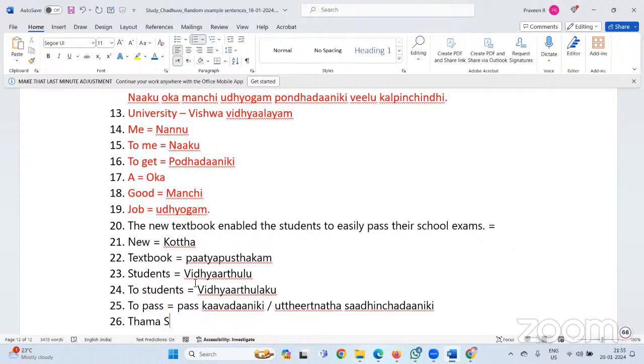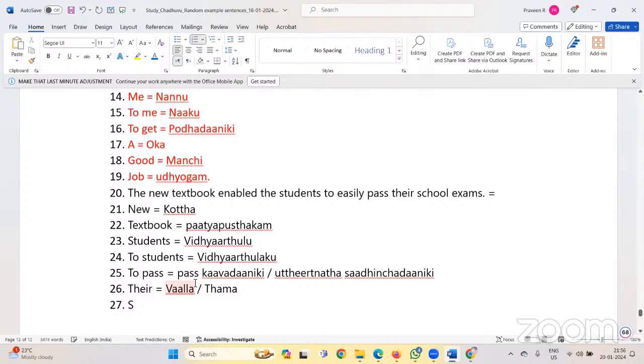Okay, then their, tama, school exams. Okay, their means tama or walla. This one I will explain later, some more additional vocabulary, but let's keep this one. Walla or tama. School means body or part. Okay, we can say school exams. Pathashala parikshalu.